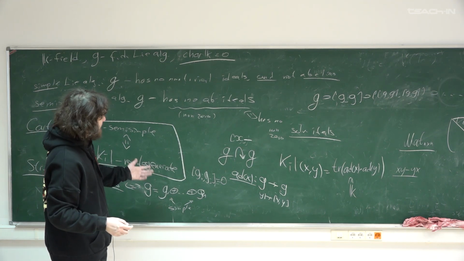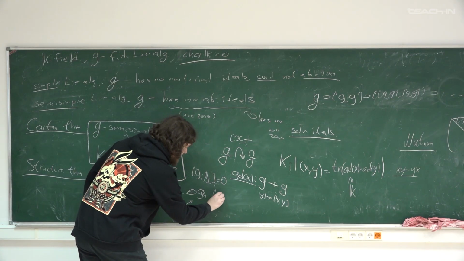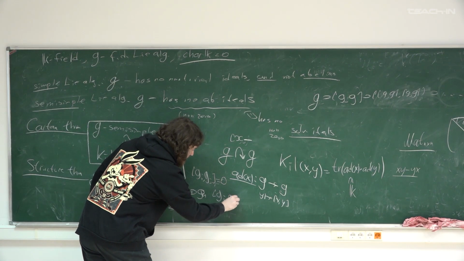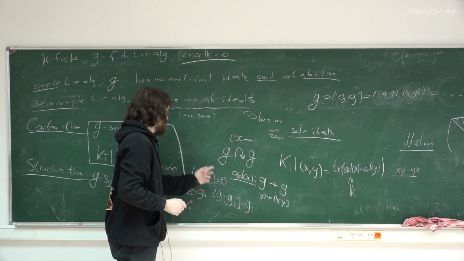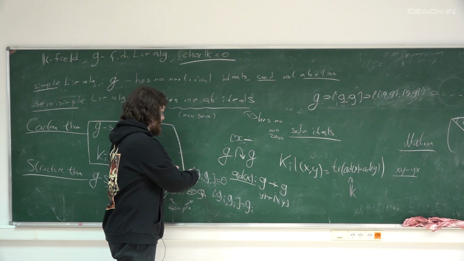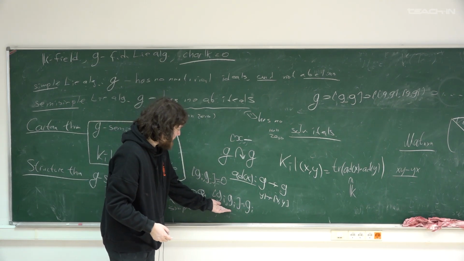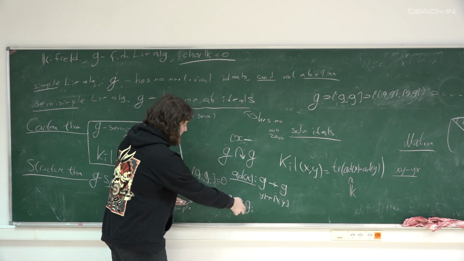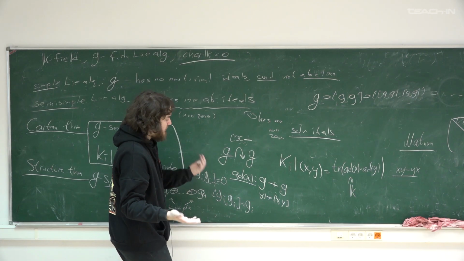It is 0 because they intersect only in 0. But from simplicity, the commutator of Gi with itself must be Gi itself, because it's an ideal in Gi, so it's either 0 or Gi itself.